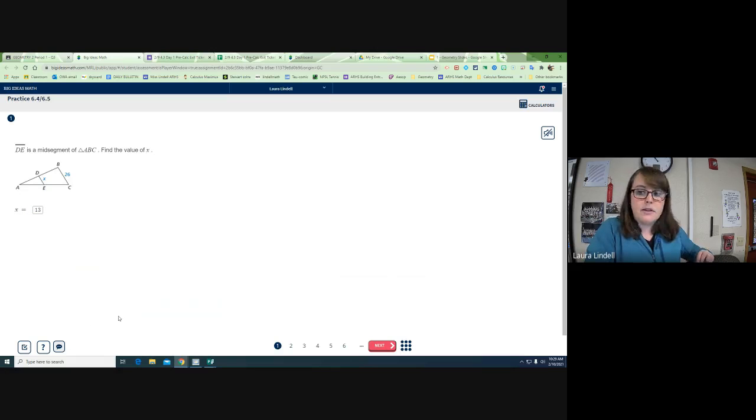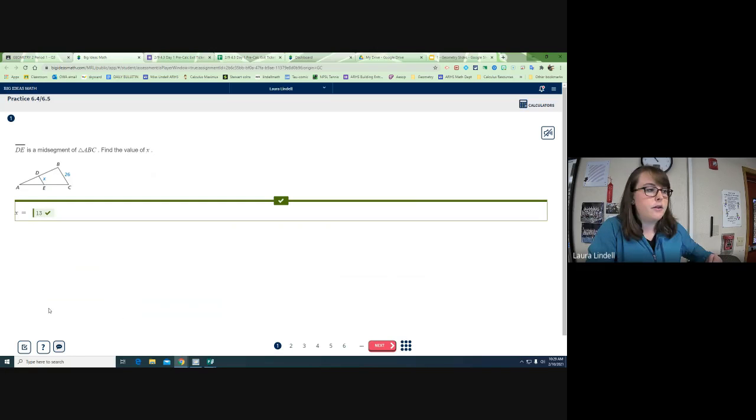Remember on these assignments that you can use the check answer key and that you should use that little checkbox. If you get it wrong, you've got a couple more tries that you can change out your answer here. So there's the first one. It's a mid-segment problem. The first two or three of them are all going to be mid-segment problems.